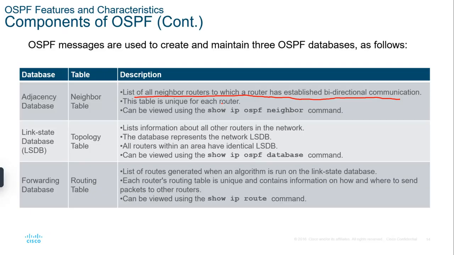Bidirectional, it's two-way. So this table is unique for each router. Each router has its own information, because if it's router 1, then it has to have the information on how to reach this other device. Topology lists information about all other routers.